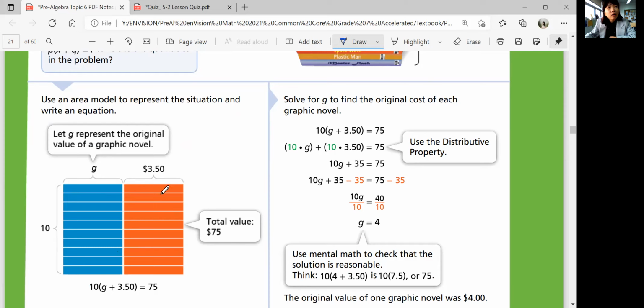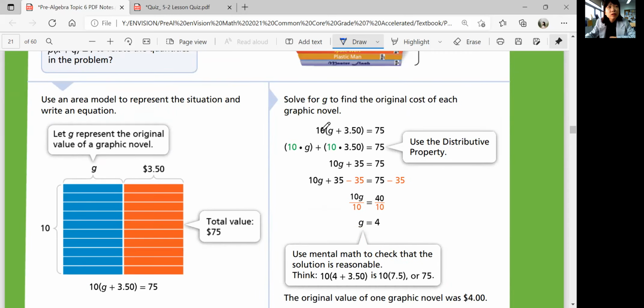So right now, after the increase, the total value is $75. And you can write the equation 10 times parentheses, G plus 3.5 is equal to 75. And so you can solve for G using an algebraic equation.